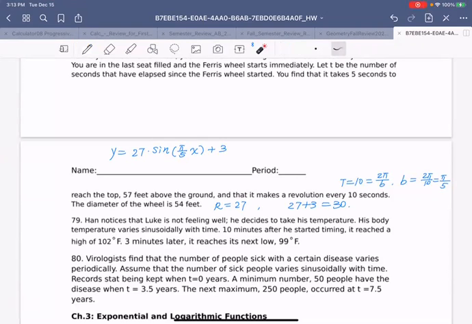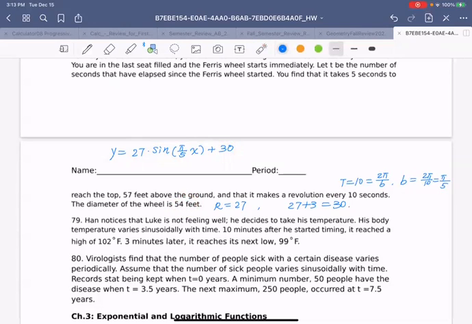So the highest y value will be, oh, hold on, 30. I should plus 30. So the highest position is 27 plus 30, which is 57. And the lowest position is negative 27 plus 30, which is 3.